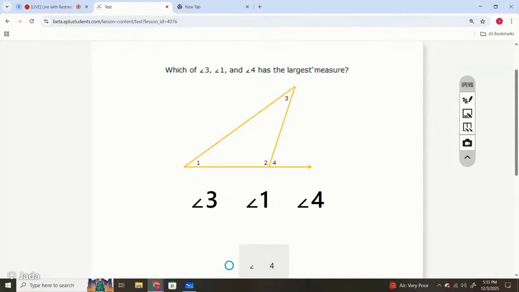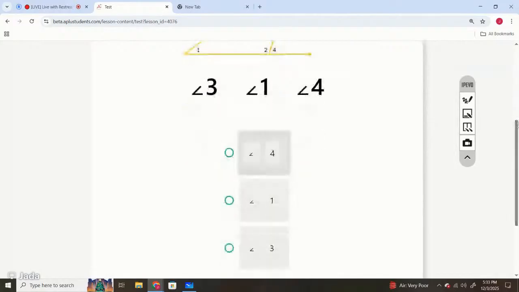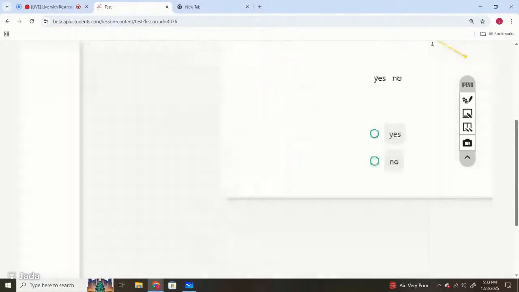Angle 4 is the largest one. Option number 1 is the correct option.